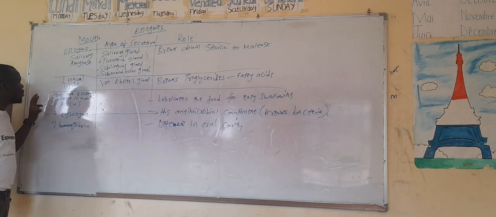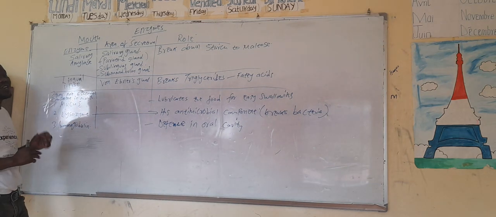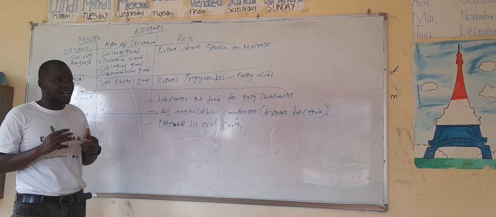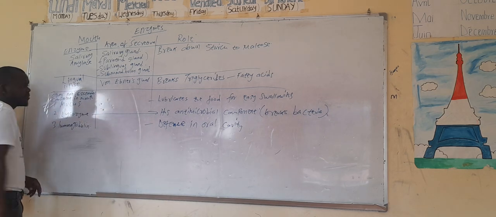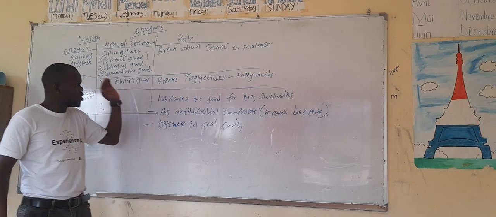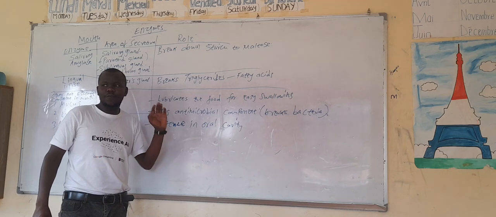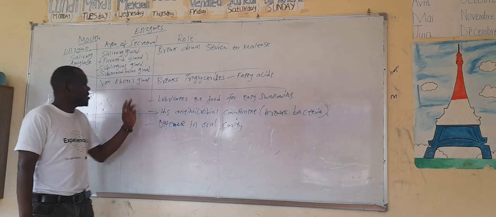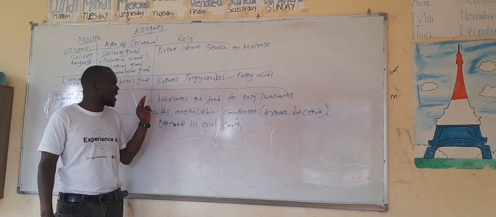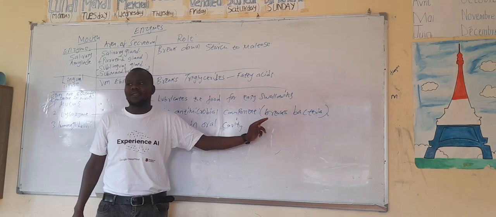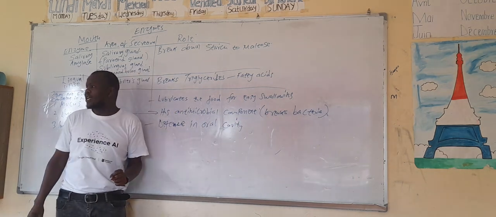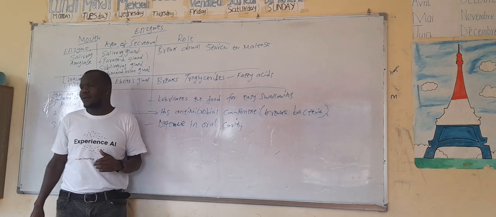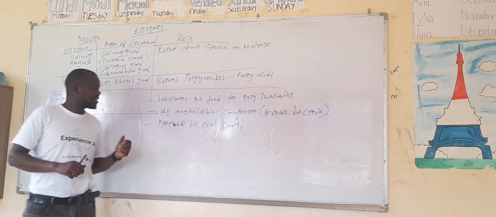Then number three, we have other components which are not enzymes but play a role in digestion. We have mucus, lubricating our food for swallowing. Then the lysozyme, which has antimicrobial components to break any bacteria that may be present in the food.